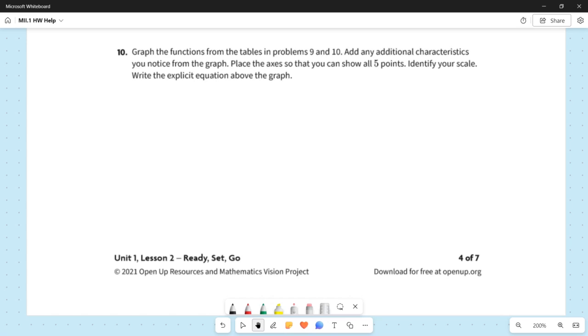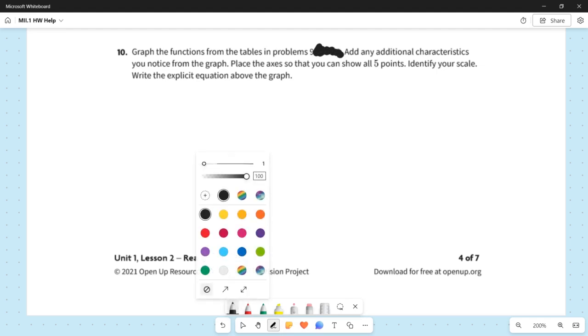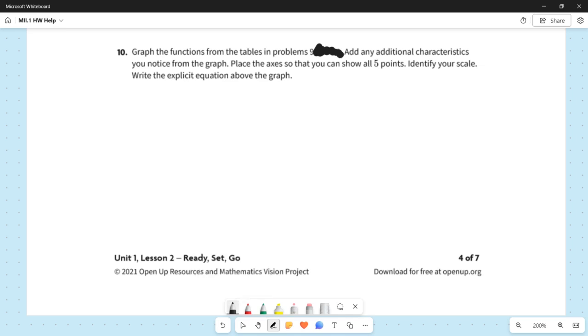Our next problem is number 10. Directions say, graph the functions from the tables in problems 9 and 10, although really just referring to 9. Add any additional characteristics you notice from the graph.